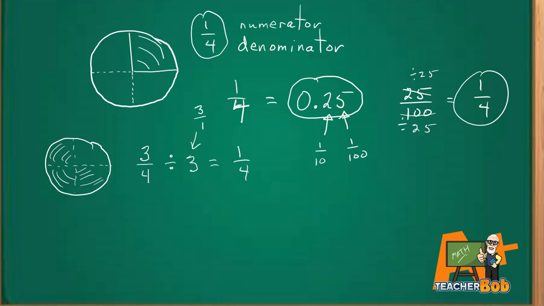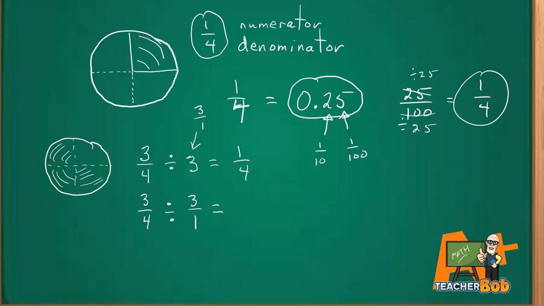You can have any integer and you can change it into a fraction by just putting it over 1. So we can rewrite this question as 3/4 divided by 3 over 1. Remember, we just said 3 is equal to 3 over 1.